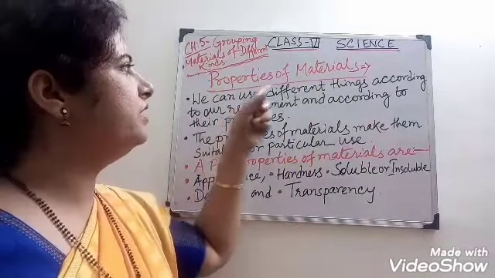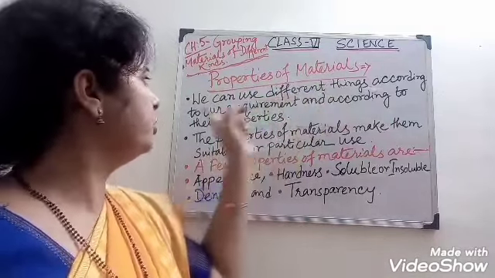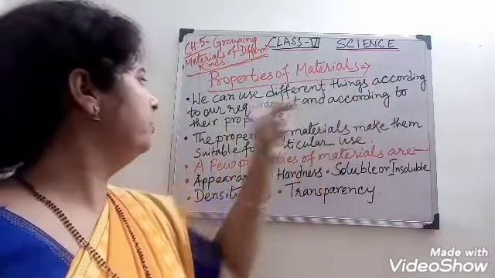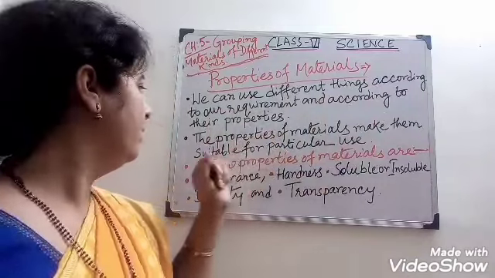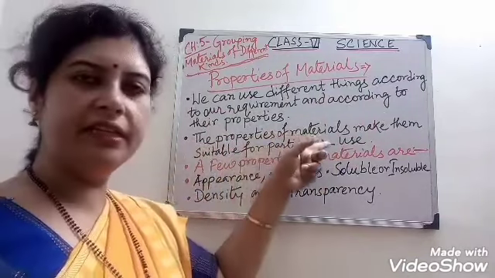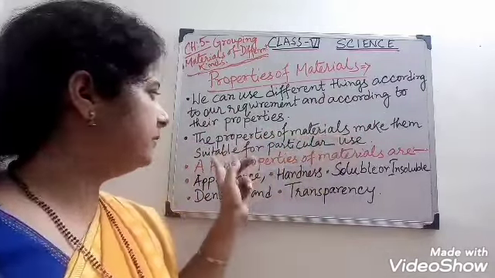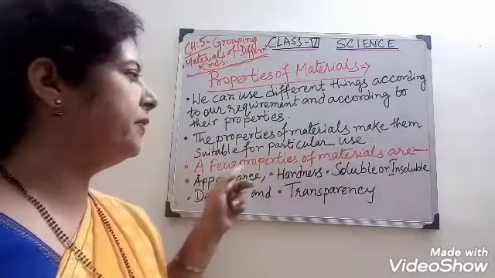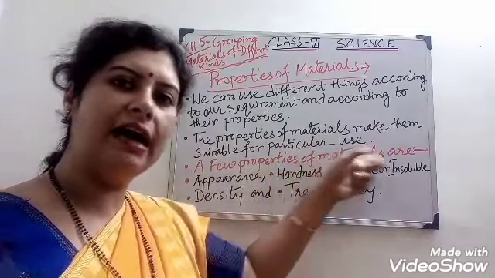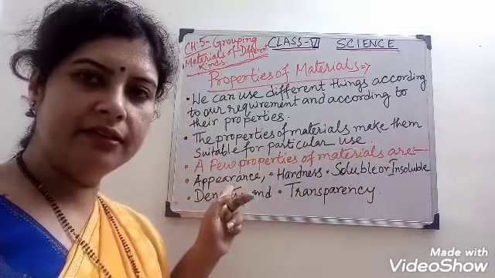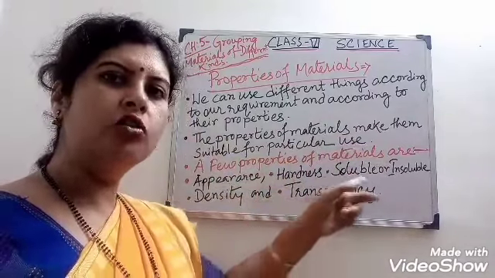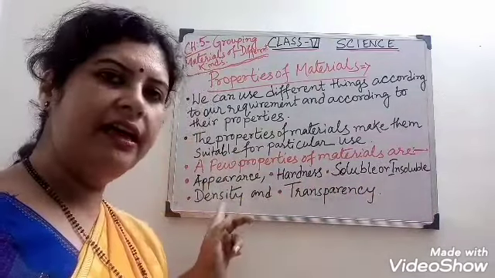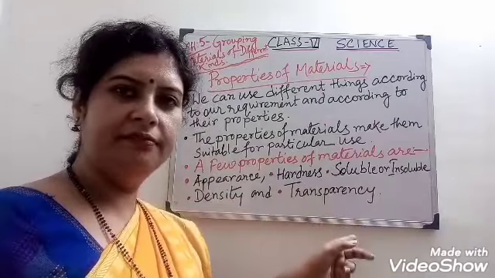We can use different things according to our requirement and according to their properties. The properties of materials make them suitable for particular use. A few properties of materials are appearance, hardness, soluble or insoluble, density and transparency.